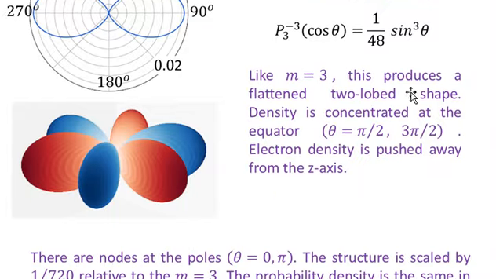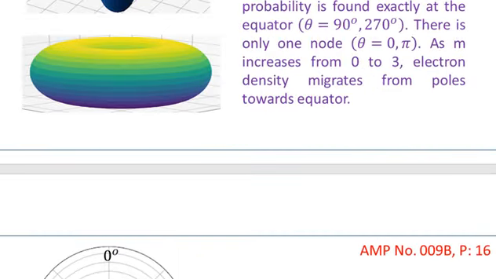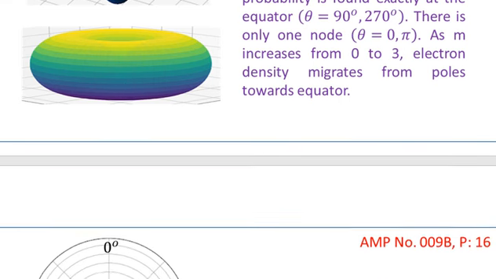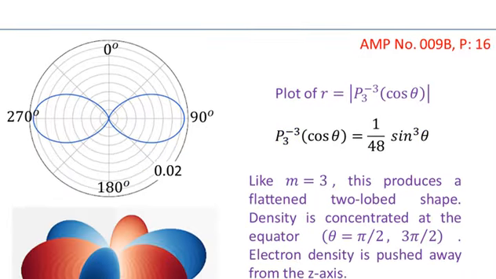So like m is equal to 3, this produces a flattened two-lobed shape. Density is concentrated at the equator, that is at 90 degrees or 270 degrees, or pi by 2 or 3 pi by 2, or on the xy plane, because the equator plane is the xy plane. On the whole plane the density is the same, because the shape is in the form of a torus or donut that we have discussed, where the density is the same all around the z-axis.